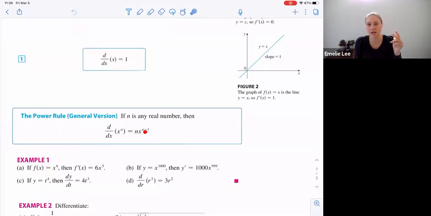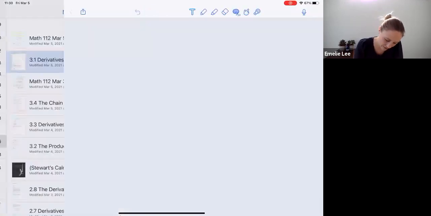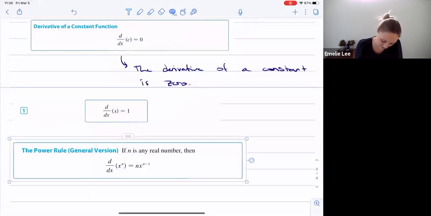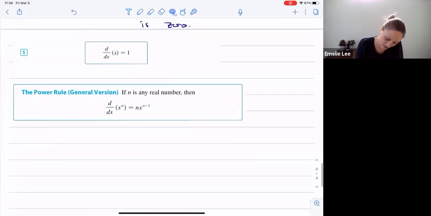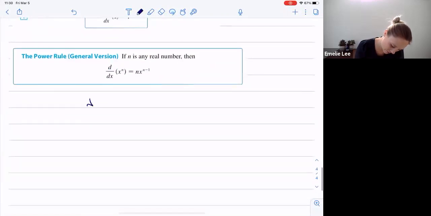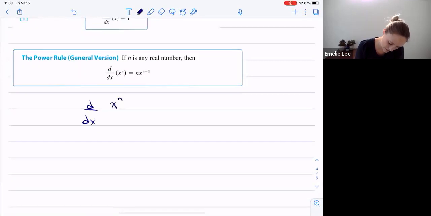And then you have to subtract 1 from the power, so to the power of n minus 1. So that one's a little bit trickier, but as long as you remember that, then we can just go ahead and use it. So here, if I rewrite d dx of x to the power of n, the n gets bumped down in front, and then I have to subtract 1.